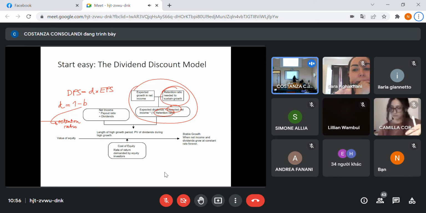Do you remember, I do not reopen the slides. In a given balance sheet, which are the items I find? What do I have? The capital invested by shareholders, in book value.